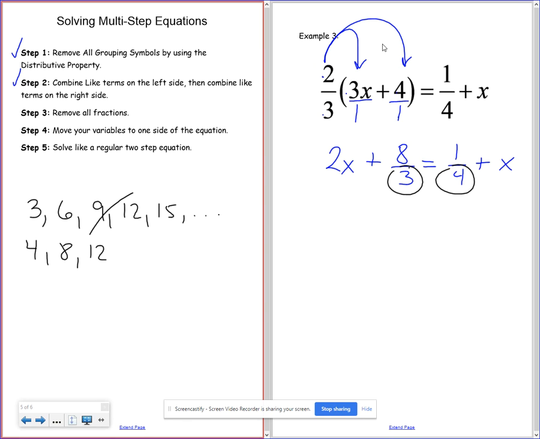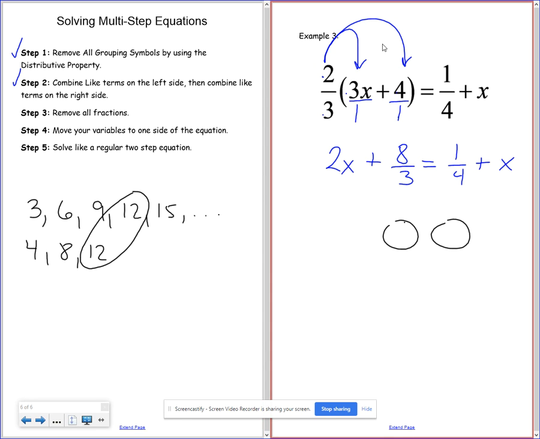We can stop right there. We found the first number they have in common. So 12 is the common denominator. So what we want to do is multiply this whole equation by 12. How many times am I going to multiply by 12? How many terms does this equation have? It's 4 terms. So I'm going to put down 4 12s over here.